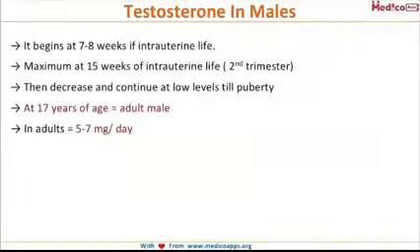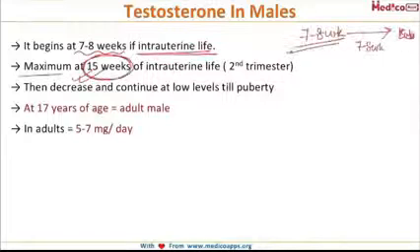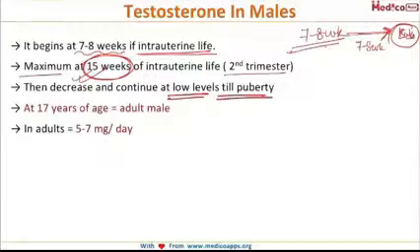Testosterone secretion starts at 7 to 8 weeks of intrauterine life, continues to increase for another 7 to 8 weeks, and so it is maximum at 15 weeks, that is in the second trimester. Then it decreases and continues at low levels till puberty, that is till the onset of spermatogenesis.